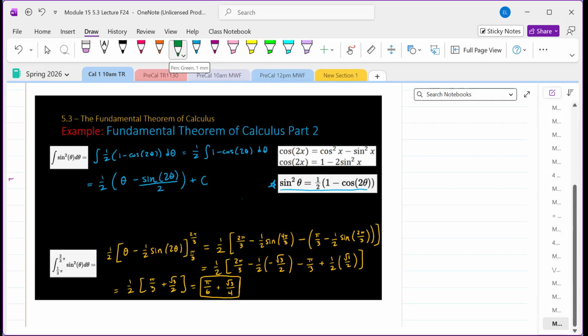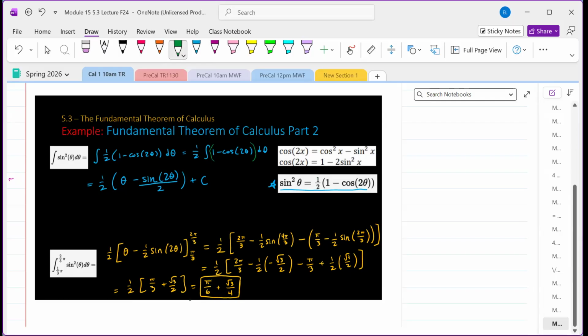So I make that substitution, and then I do my antiderivative. So I get my general form and then I plug in the weird pi numbers. And we actually get an answer that has a pi number and an other number in it.